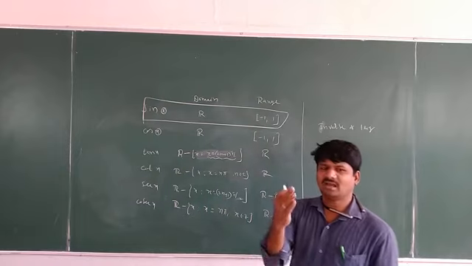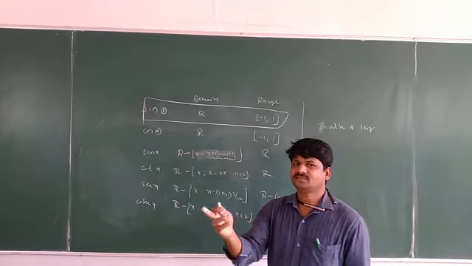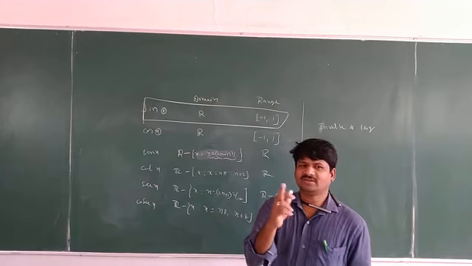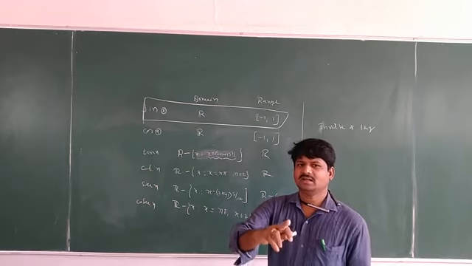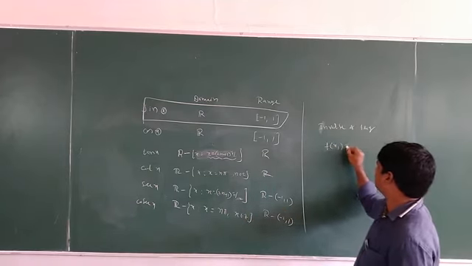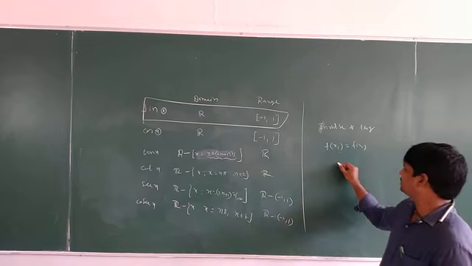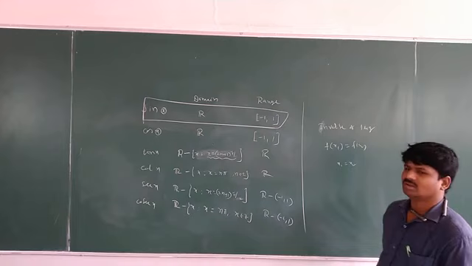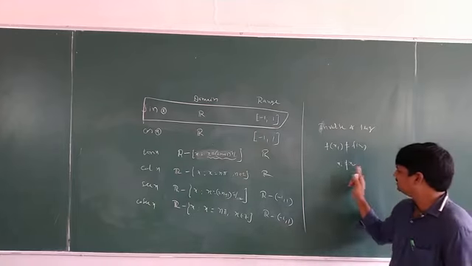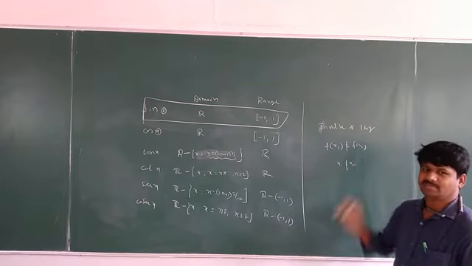Different elements have different images. Or if images are the same, then the elements are the same. That means actually, if f of x1 is equal to f of x2, that means both images are equal, then the elements must be equal. So if different elements x1 and x2 are not equal, then images are not equal. Different elements have different images.